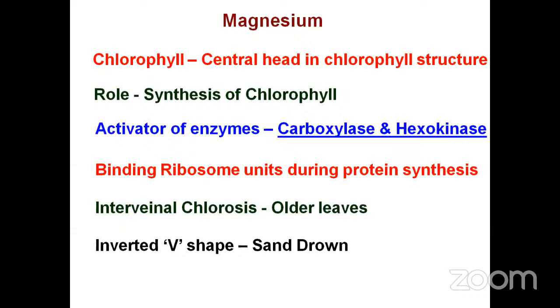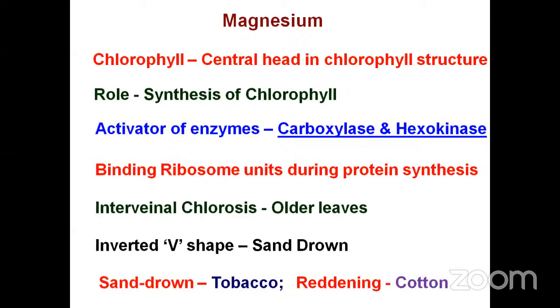Okay, so interveinal chlorosis. Because of nitrogen deficiency, complete chlorosis happens in the older leaves. Because of magnesium deficiency, there is interveinal chlorosis. So an inverted V-shaped type of chlorosis happens because of the magnesium deficiency. It is also called a syndrome.